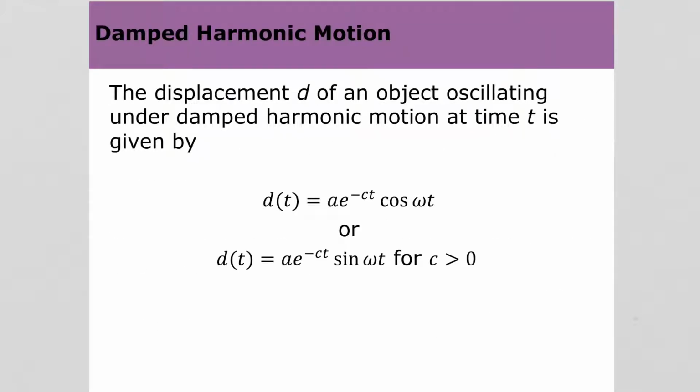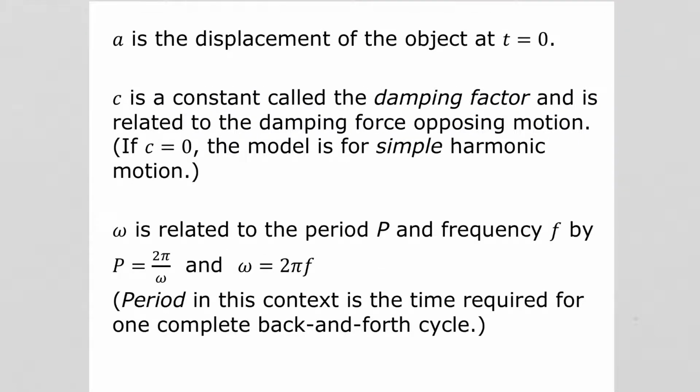Just like before, if it's a spring, it's how far it's pulled away. C is a constant called the damping factor, which will be given in the problem. Omega is related to the period and the frequency, just like before. The period is equal to 2 pi over omega, or omega is equal to 2 pi times the frequency, or the frequency is 1 over the period.